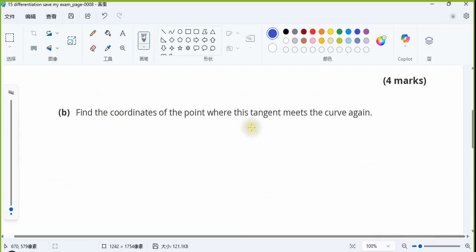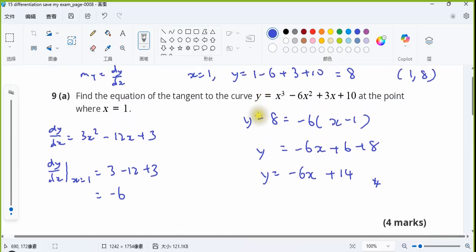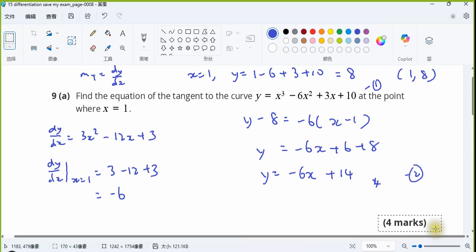B. Find the coordinate of the point where the tangent meets the curve again. So this is equation 1, this is equation 2. So we sub equation 1 into equation 2.